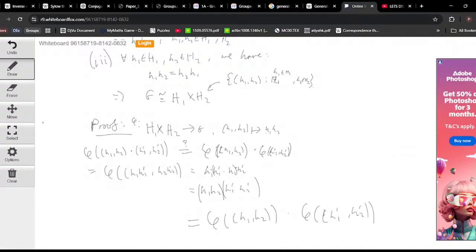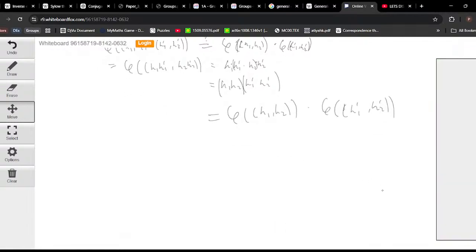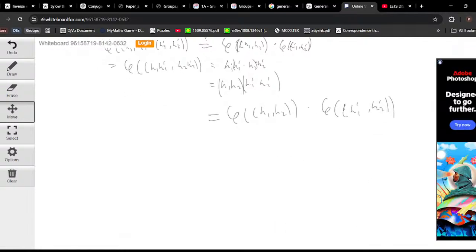All right, perfect. That also is a nice example of why associativity is really important to have. Now, this is a homomorphism.